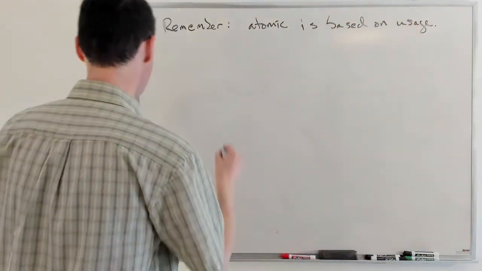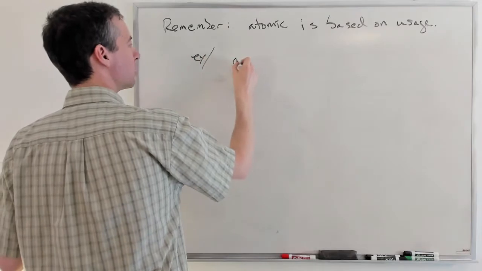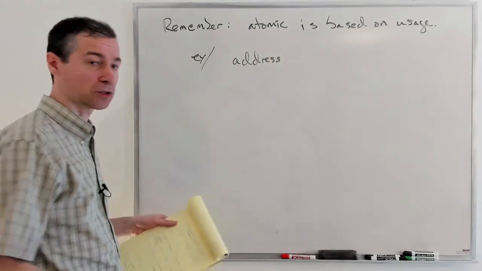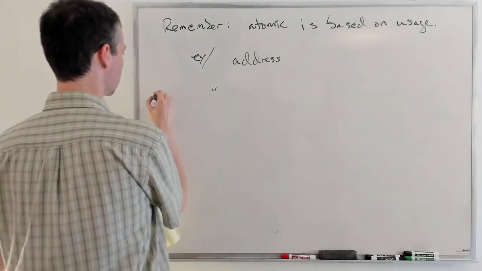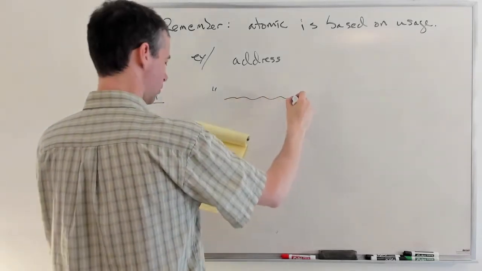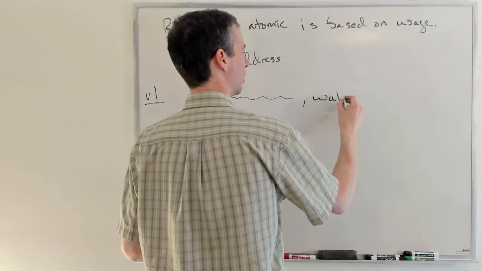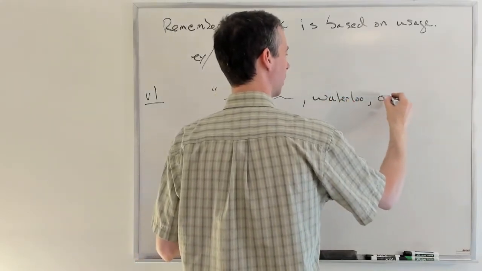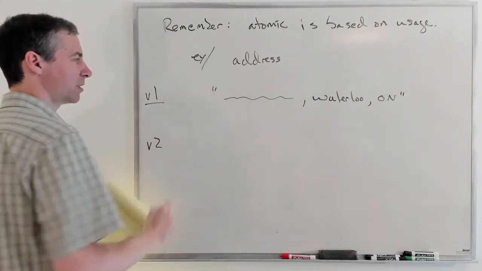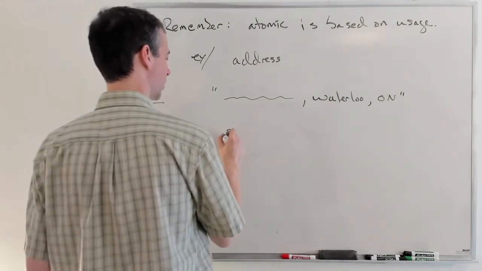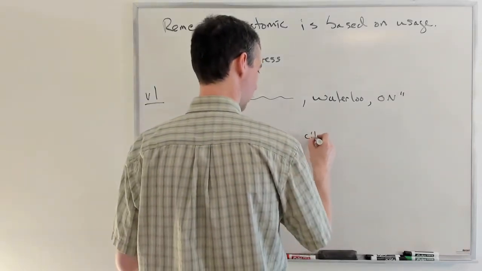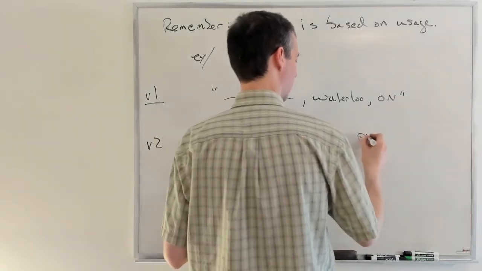Okay, so let's take as an example that you're going to store a mailing address. One way you could store this is version 1: some street, blah, blah, blah, Waterloo, Ontario. Version 2, you might say, I'm going to have a column street, a column city, and a column province.